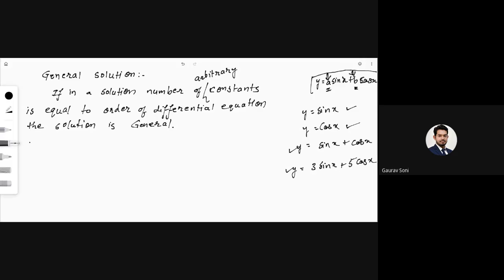I will write down an example here. y is equal to a sin x plus b cos x is the general solution for d2y by dx square plus y is equal to 0.